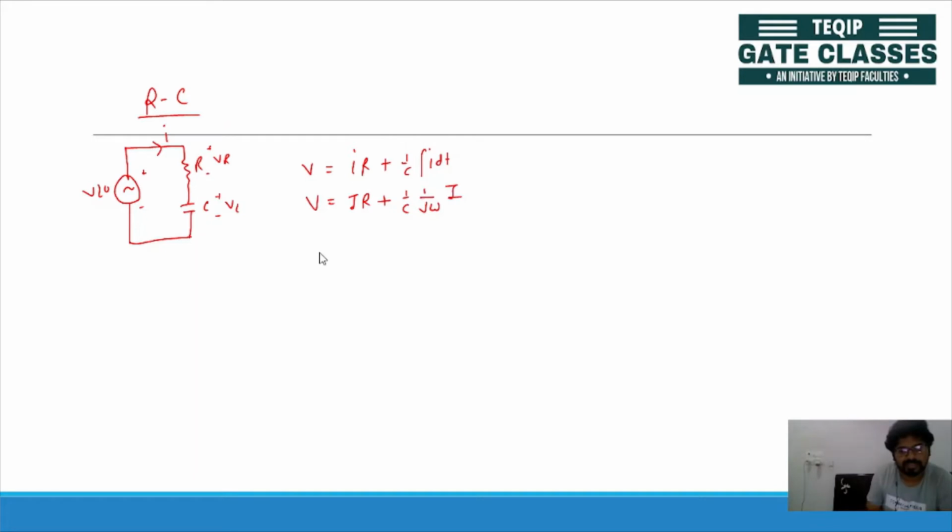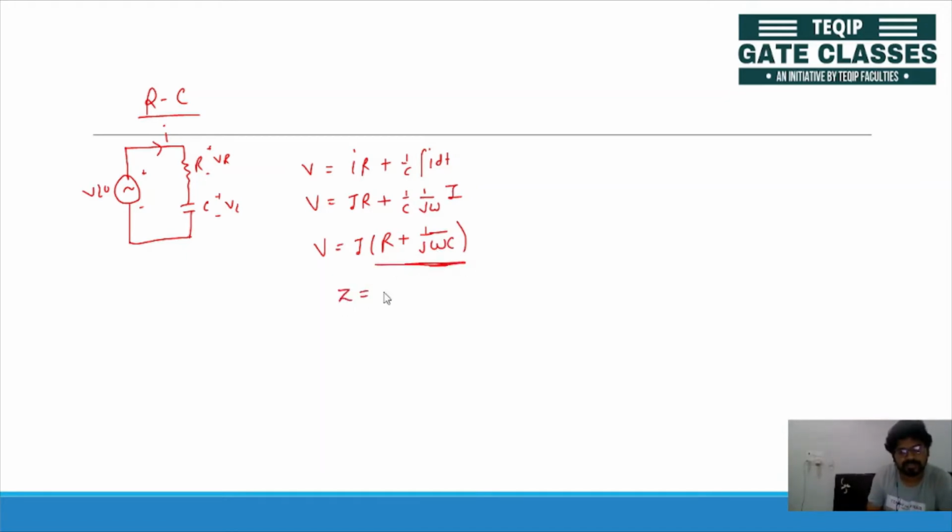So if we take I as common, V is equal to I times R plus 1 upon j omega C. Okay, so from Ohm's law, this is our impedance here.